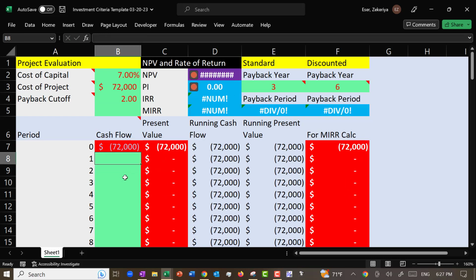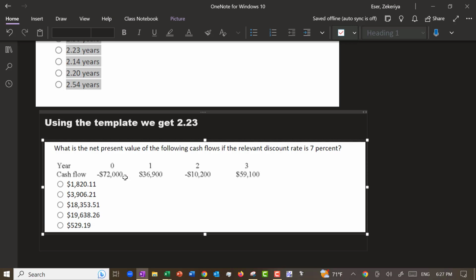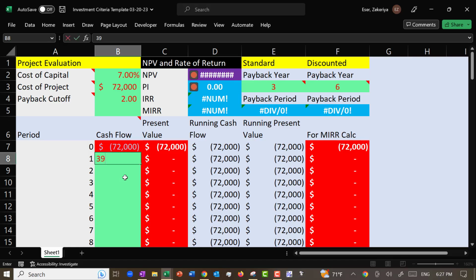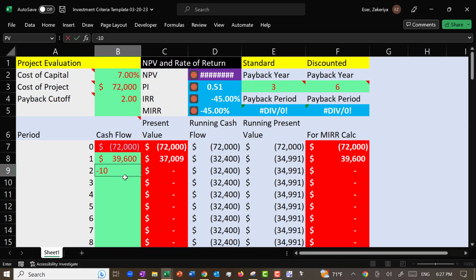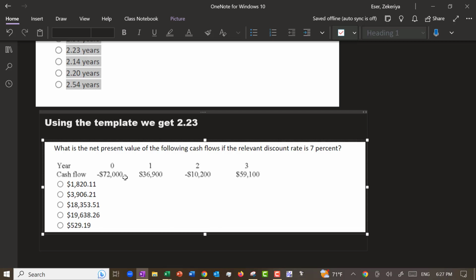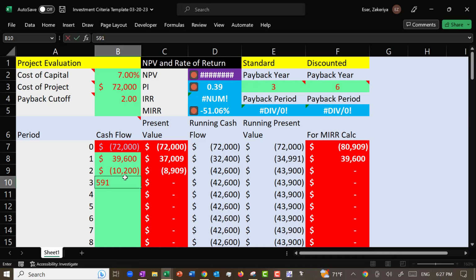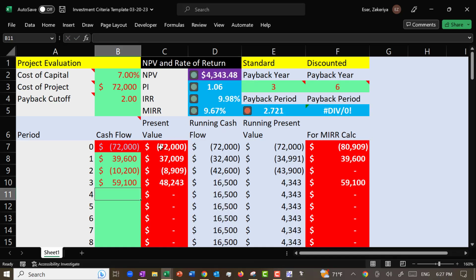36.9, negative 10 to 100, and 59,100. You probably entered that as positive, maybe? Let me see.